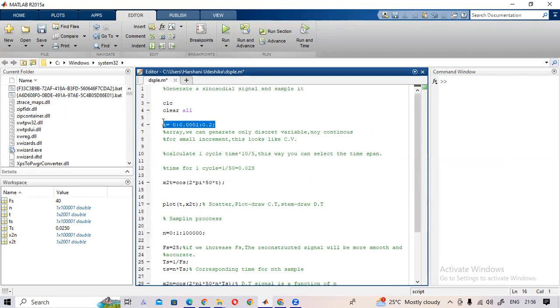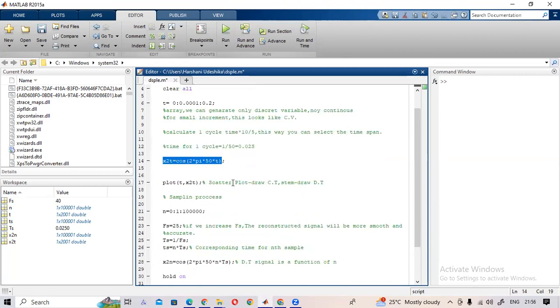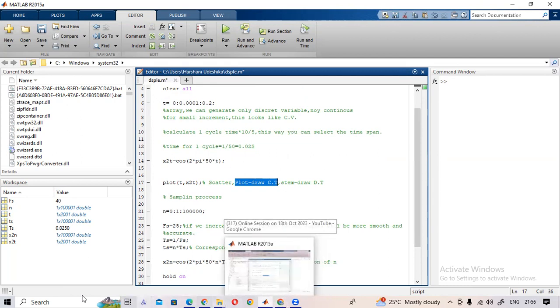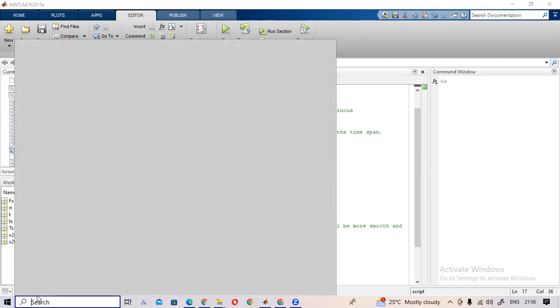Here we define the independent variable values, and using this equation we calculate the corresponding dependent variable values. When you use scatter, it shows the dependent variable values. If you use the plot command, it marks the values and also joins the points, so it looks like a continuous time signal.